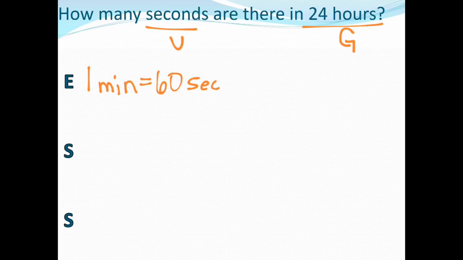But what do I know about hours that is going to get me closer to seconds? Well, 1 hour is 60 minutes. So I'm kind of connecting the dots here. Both of these different things are connecting to each other through minutes. Even though it didn't ask me for minutes, I kind of have to go through them to get to my answer.